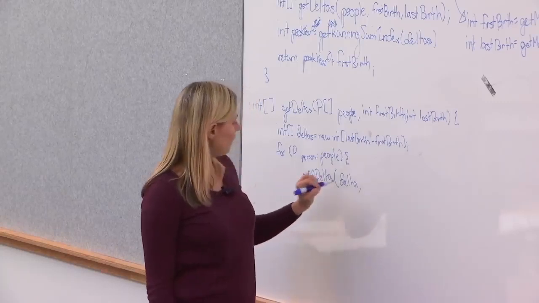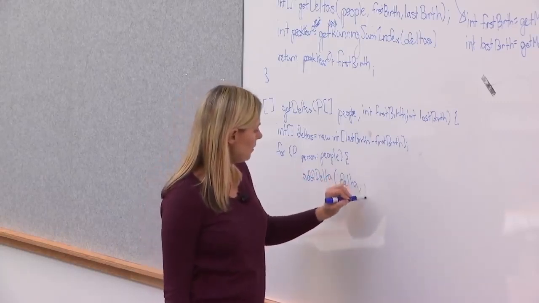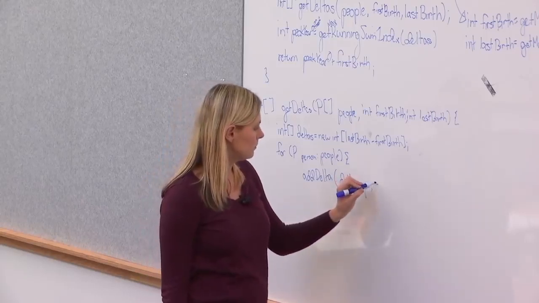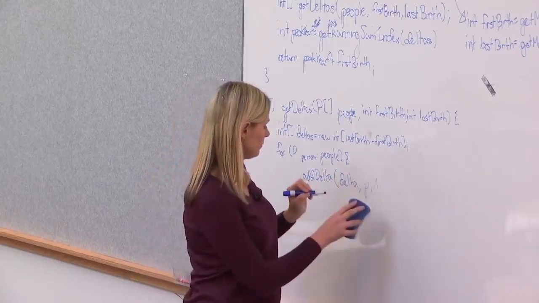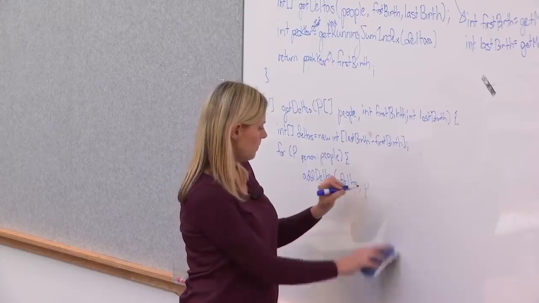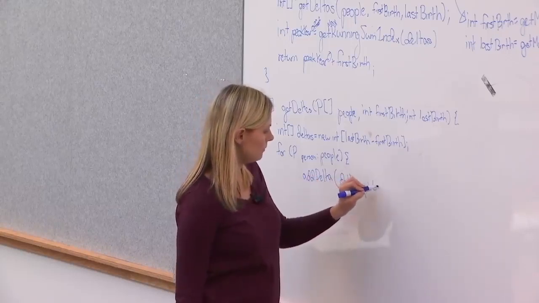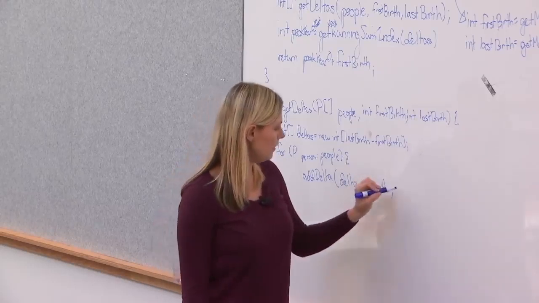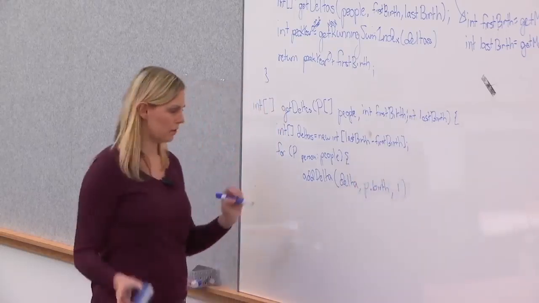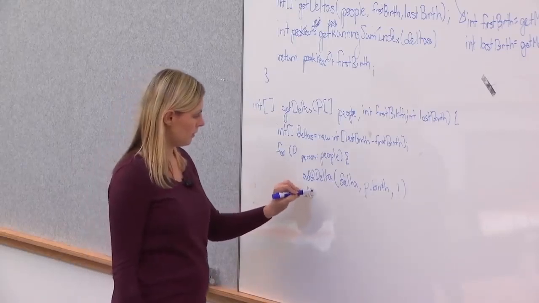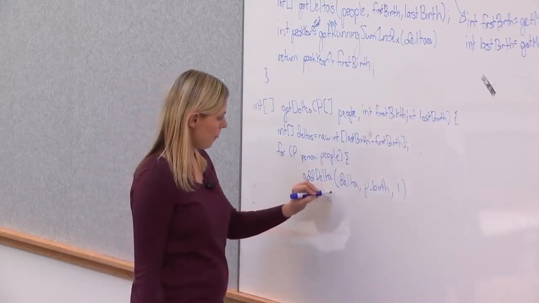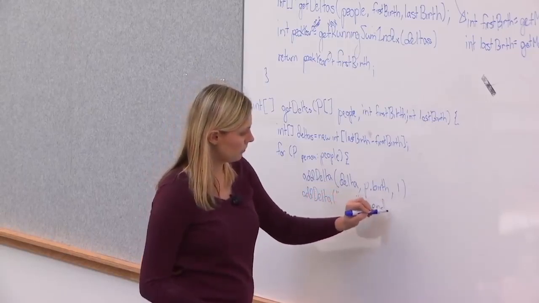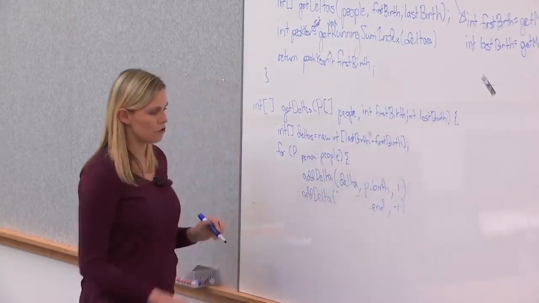So add delta, pass my deltas array, my person, and then 1 for the birth year. No, I need to pass in my birth year. And then 1. So that adds the birth. Add delta. Notice here another little shorthand thing.